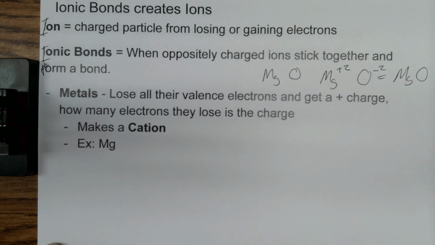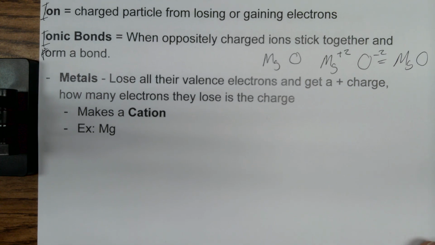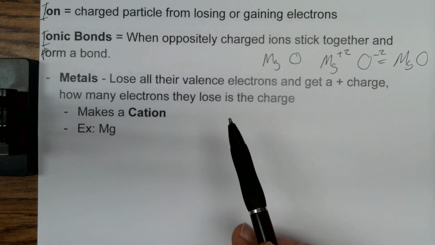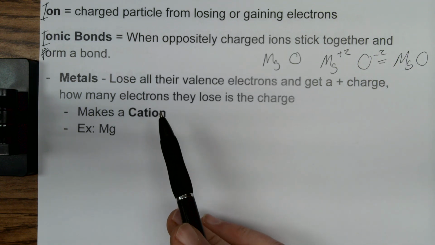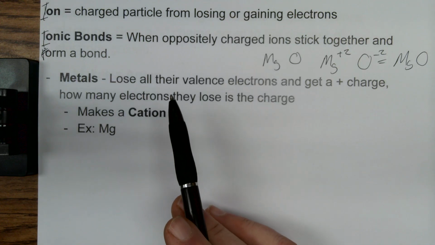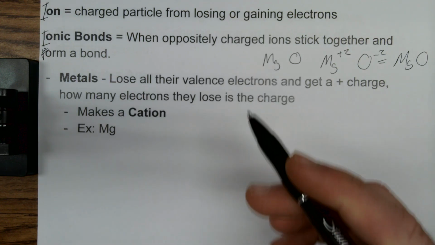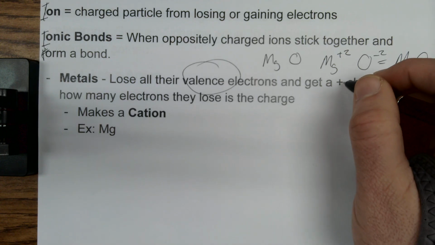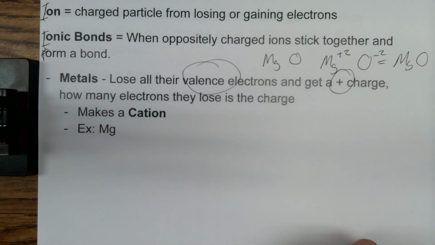Now, before I was using a term called cation. Our metals in an ionic bond always form the cation. That's because they're going to lose those valence electrons to get a positive charge.